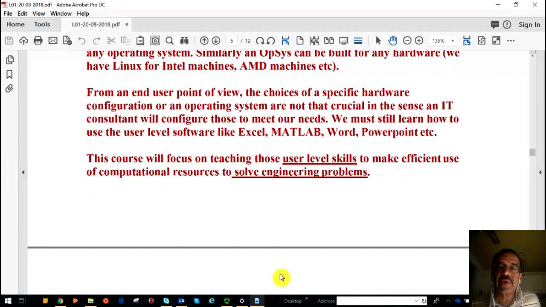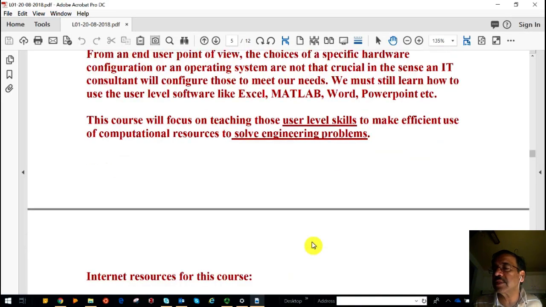So in this course, we are going to focus only on the user level skills: developing the MATLAB skills, the HYSYS and COMSOL skills to solve engineering problems. We also learn how to pose these problems and how the computers solve these problems.